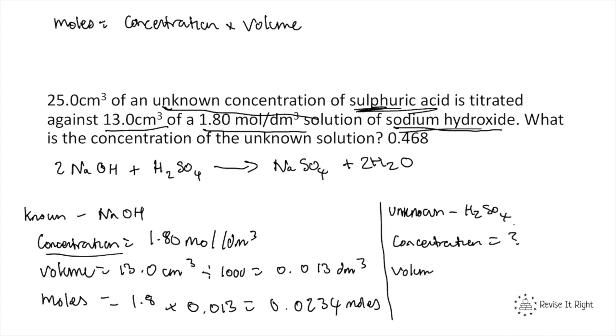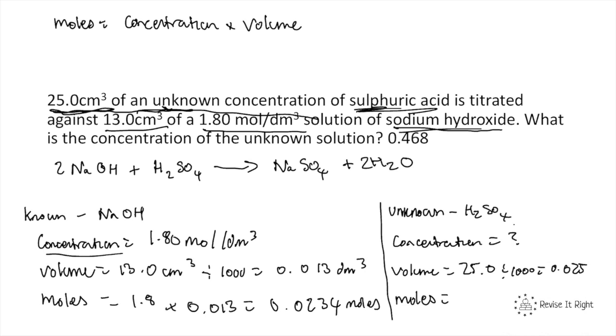Then the volume, if we go to our question, is 25 centimetres cubed. Again, we're going to need it in decimeters cubed, so we may as well convert it now. Divided by 1,000, and therefore it gives us 0.025 decimeters cubed.